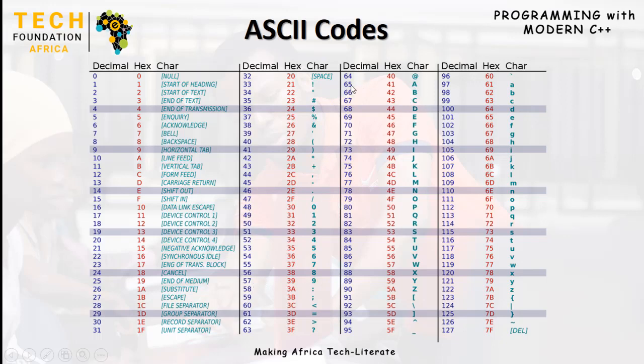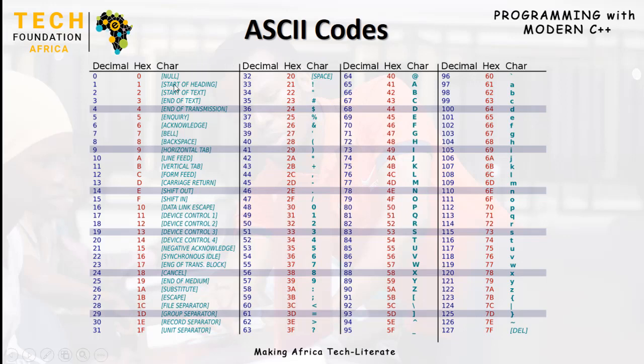Capital A starts from 65, and capital Z ends at 90. Small letter a starts from 97, and small letter z ends at 122. If you like, you can download this ASCII chart, print it and paste it somewhere.